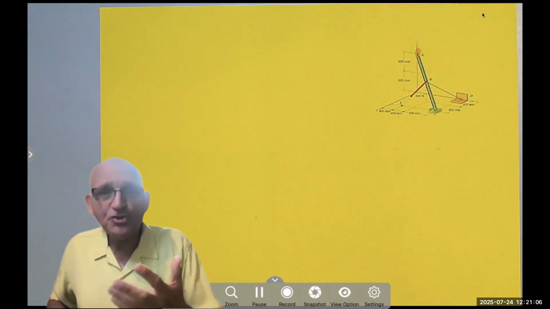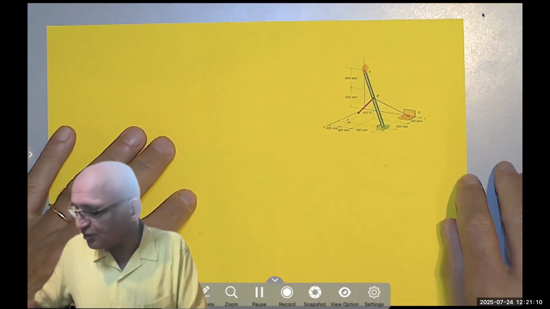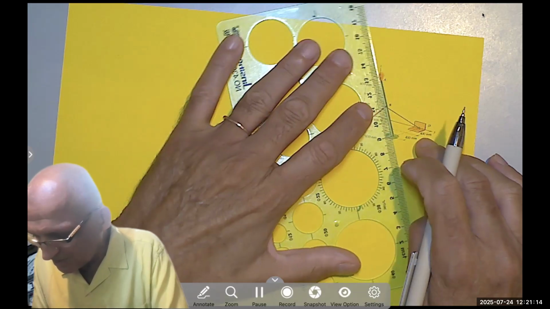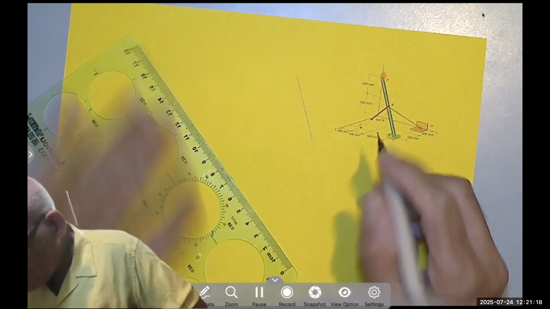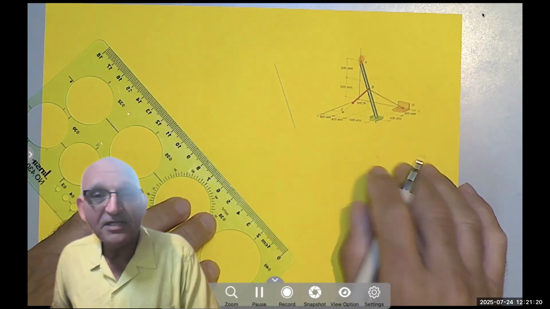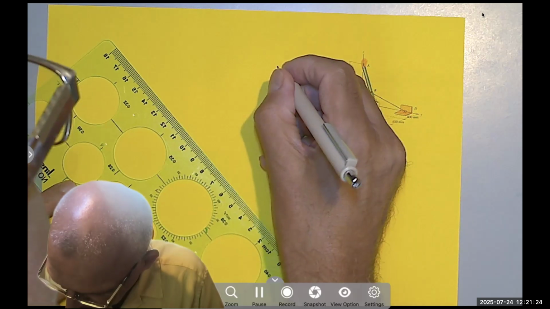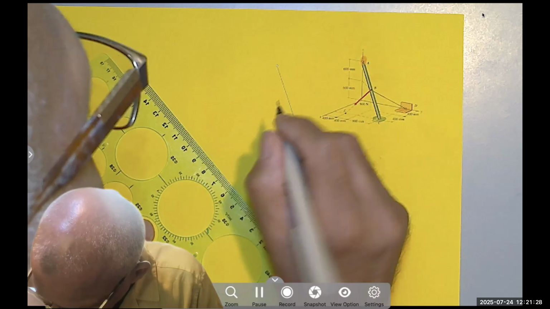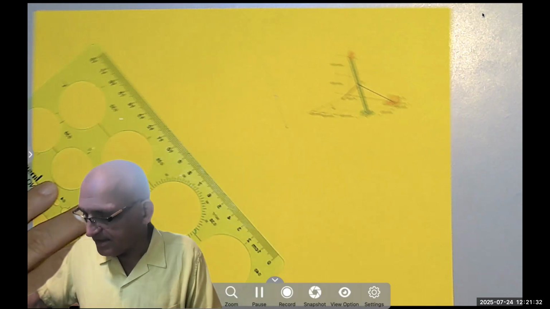So as we do with any problem, we start by drawing the free body diagram. Okay, so I'm going to try to draw some lines here. I'm not going to care about the dimensions or the length. It's not to scale. These are the 2 or 3 points that I'm concentrating on.